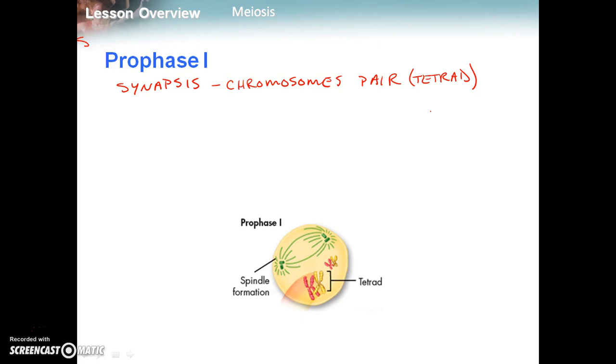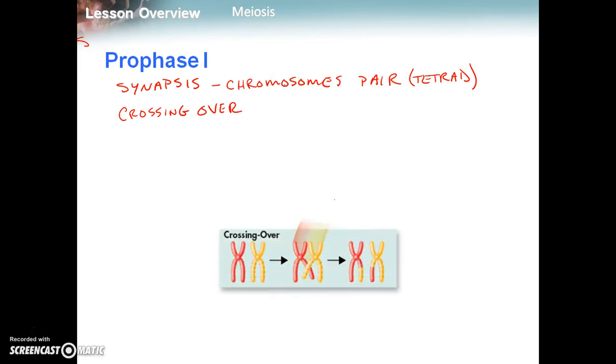As homologous chromosomes pair up and form tetrads, they undergo a process called crossing over. During crossing over, we've got our tetrad that pairs up, and then the arms of those chromosomes are going to crisscross. The chromatids of the homologous chromosomes cross over one another.